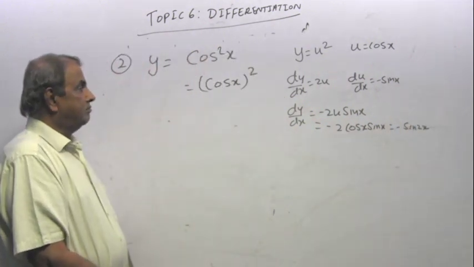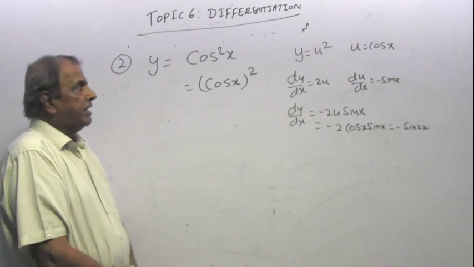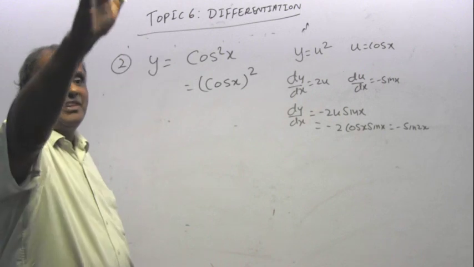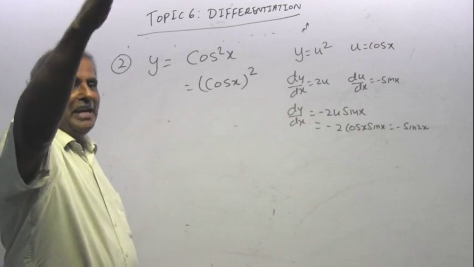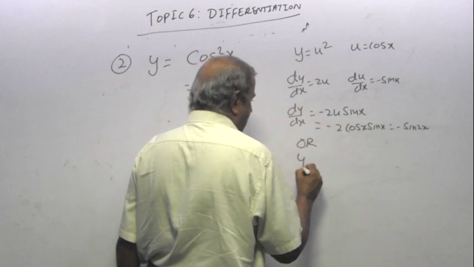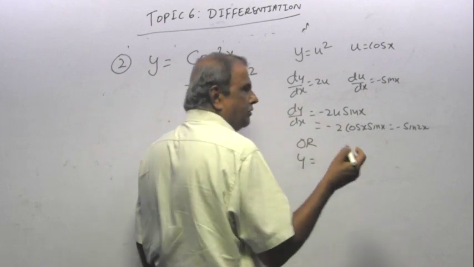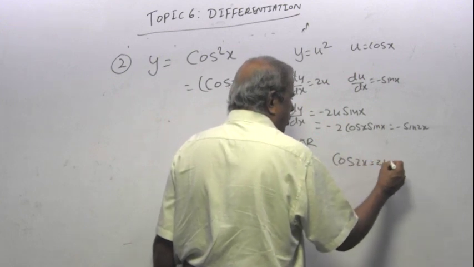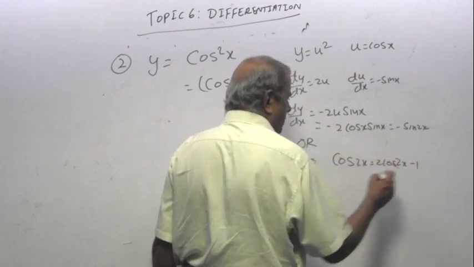Well, that's nothing big. I could do it. I would do it another way. So there I can see somebody, yes, double angle formula, yes, you can use that. Or someone can say y is equal to, what's the formula for cos squared x? I started with cos 2x equal to 2 cos squared x minus 1.